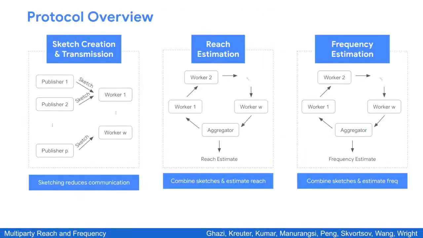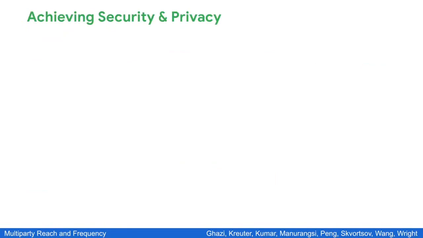At a high level, our protocol has three phases: the sketch creation and transmission phase, the reach estimation phase, and the last phase, the frequency estimation. For the purpose of time here, we will only focus on the first two phases. Before we describe the protocol, let us recall that we would like to satisfy now both privacy and security.